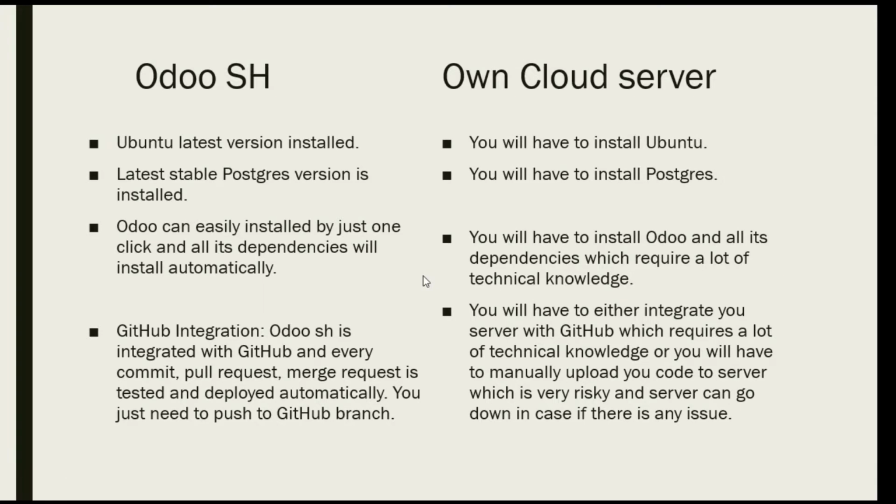The next topic in this video is to discuss the difference and which one is better, odoo.sh or our own cloud servers. Odoo.sh has the latest Ubuntu version installed, while on other cloud servers you will have to install Ubuntu on your own.